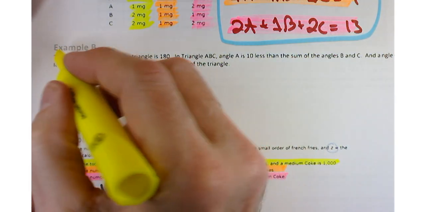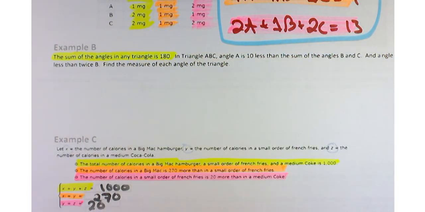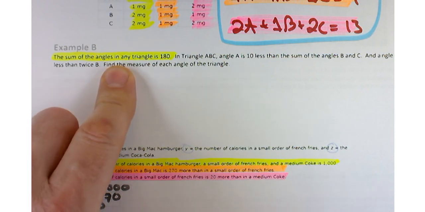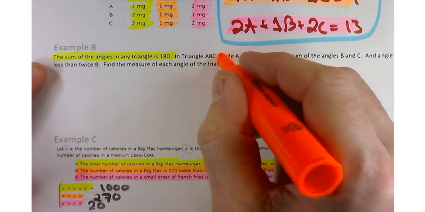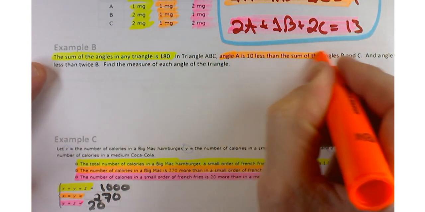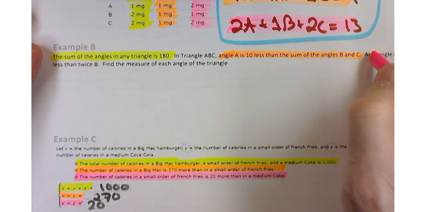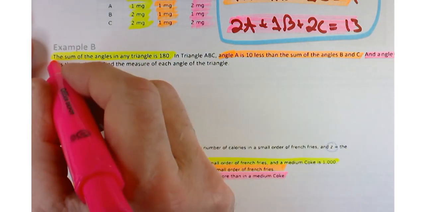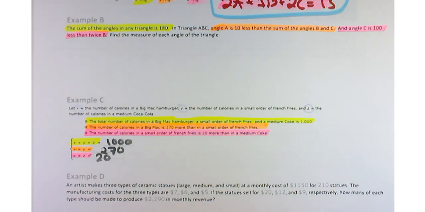Good. Now, what you have to do is parse through this and find things that imply different equations, like the sum of the angles in any triangle is 180, or that angle A is 10 less than the sum of angles B and C. And finally, angle C is 100 less than twice angle B. So they're giving us enough information to come up with a system of equations.